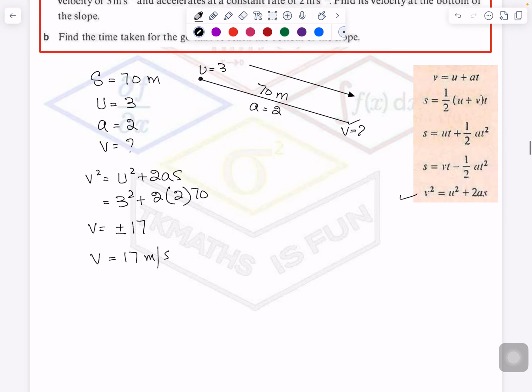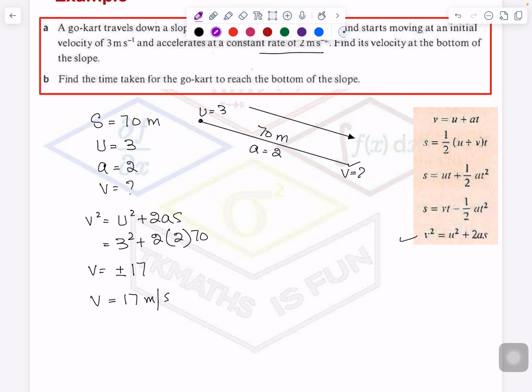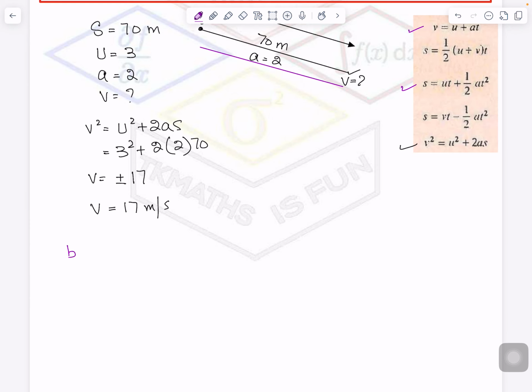Now let's do part B. Part B is find the time taken for the go-kart to reach the bottom. So now the same situation, but you have to find out how long it took. So which one do you think is right? I can use this also, but I would like to use this. It's easy. v is equal to u plus at, because now I have v. So for part B, I will use v is equal to u plus at.